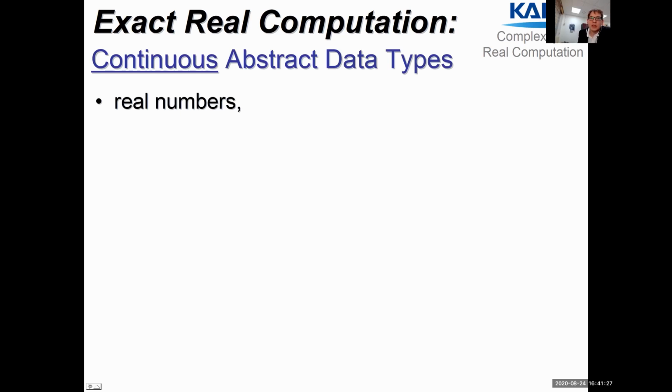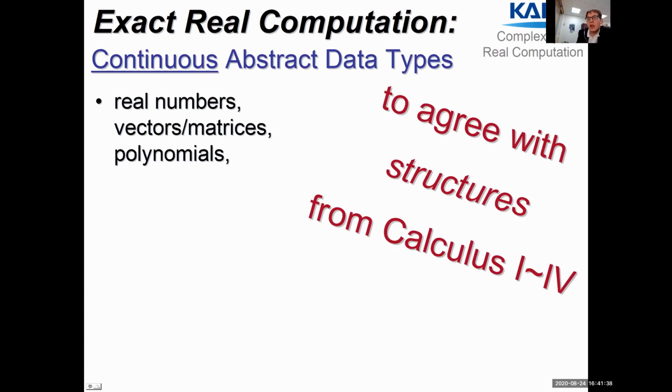And building on this real number abstract data type, iRRAM also supports vectors and matrices and polynomials, all fully agreeing, without rounding errors, with the similar structures in the sense of model theory from calculus.